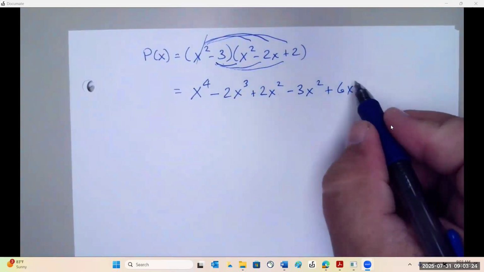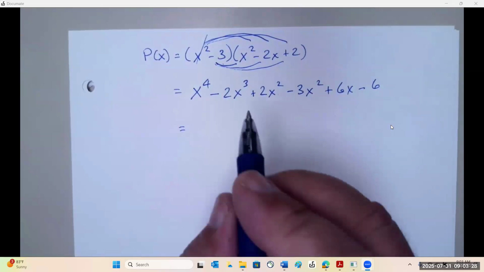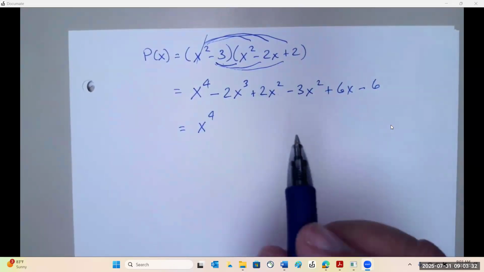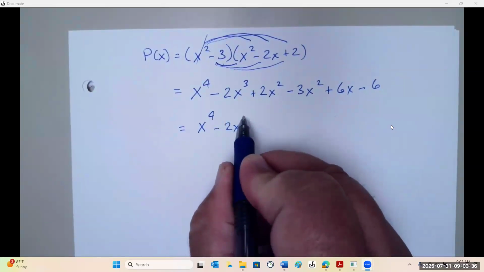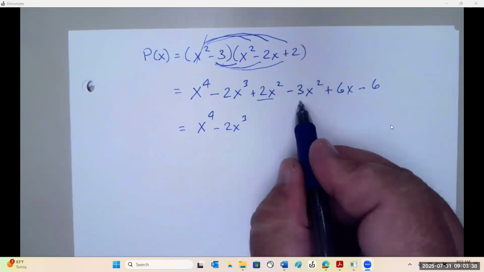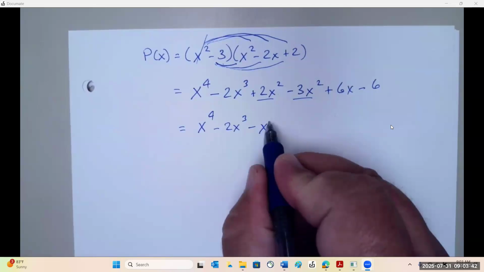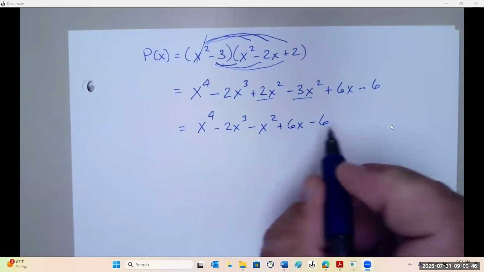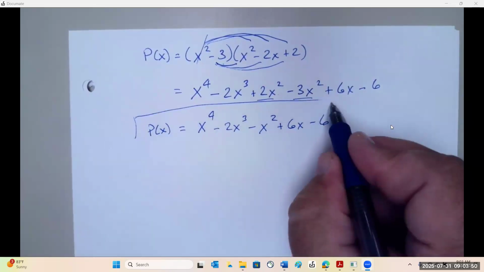Negative times positive is a negative, 3 times 2 is 6. Now combine like terms. We only have negative 2x cubed. Then 2x squared minus 3x squared is minus 1x squared, plus 6x minus 6. That's my polynomial of the lowest degree possible.